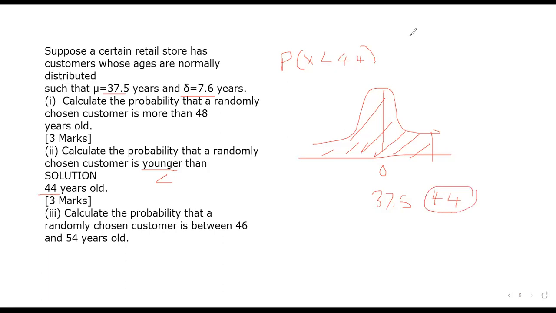What's the formula for standardization? Z is equal to X minus mu divided by standard deviation. So 44 minus 37.5 divided by the standard deviation, which is what? 7.6. So what do we get?